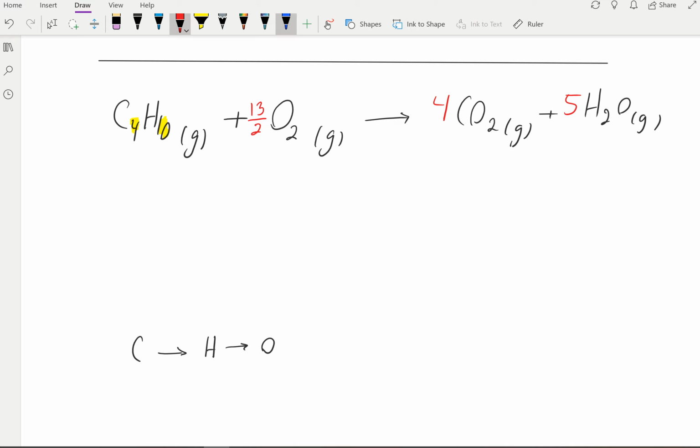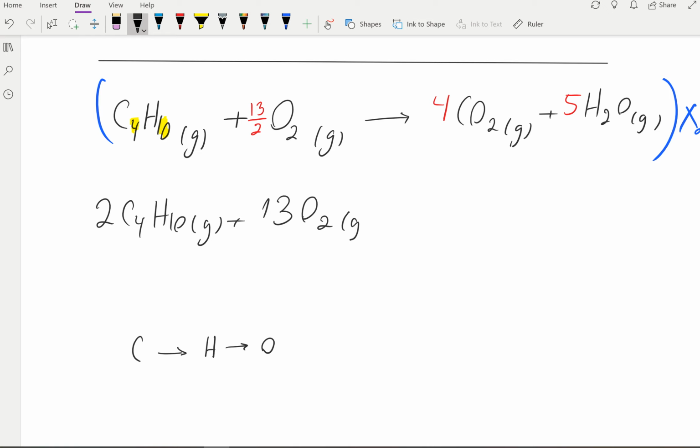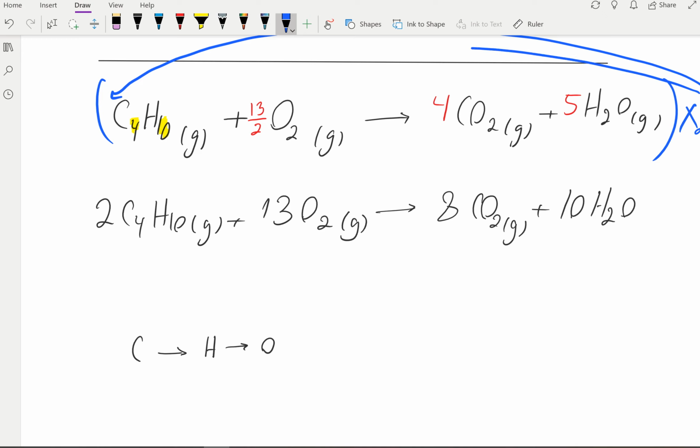So that's why I multiply the whole equation by 2. If I multiply the whole equation by 2, the balanced equation would be 2C4H10 plus 13O2 gives us 8CO2 and 10H2O. So all of the coefficients are multiplied.